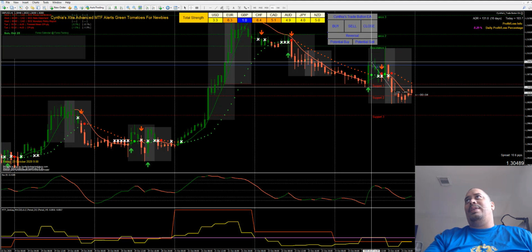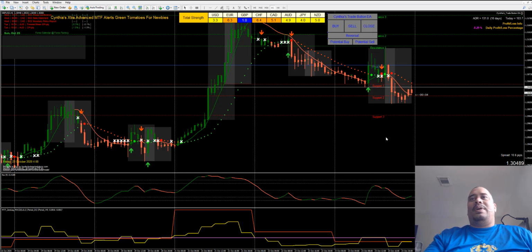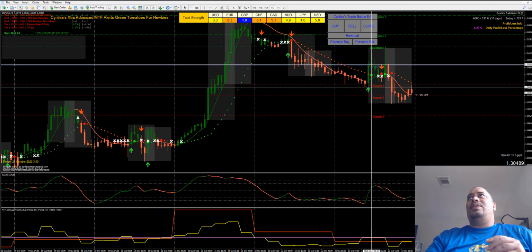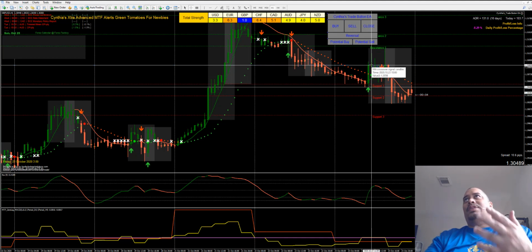It all went down. So, to make a long story short, if you pay attention to the green tomatoes, that purple line, that MACD, even though everything else lined up, the green candle, the green parabolic, the trend slope, the RSI above the 50, the MACD is where the issue is. Because the MACD yellow line was not above it, and not only that, the orange line is letting you know that we're in a downtrend anyway.